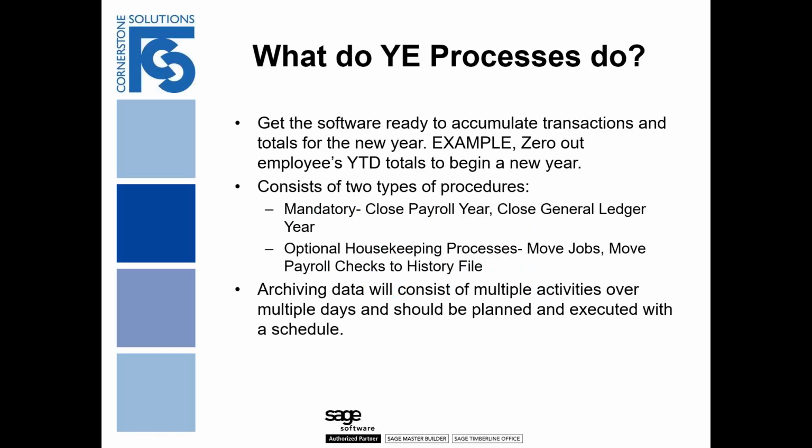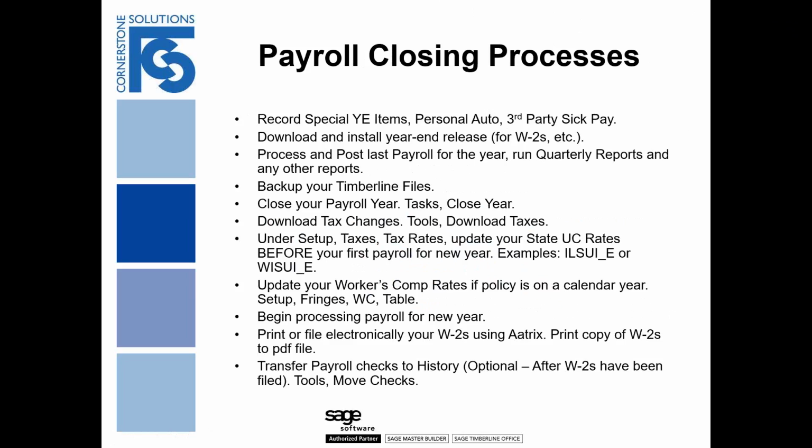We'll talk about the required ones, and also some of the optional ones. The optional ones have to do with archiving data, taking some of your jobs and moving them to another database, your employees and archiving those. So we're going to talk a little bit about that as well today.